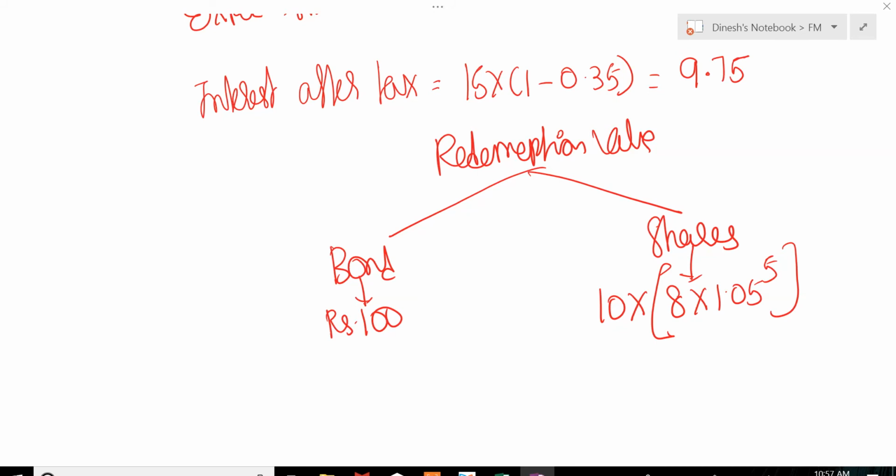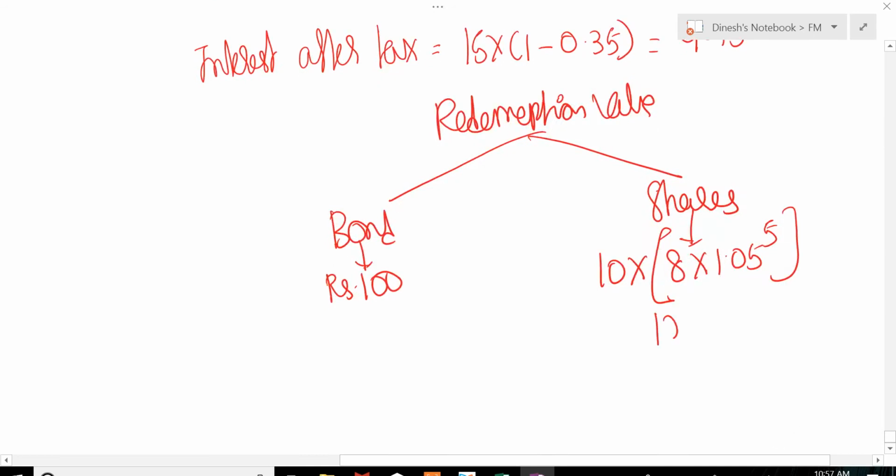This will give you one value. Your choice, what you want to take. How much is this value? 102.10. It's my choice what to take up. So I'll decide whether to go with 100 or 102.10. We will go with 102.10. So this is the redeemable value. You can put this in a box.